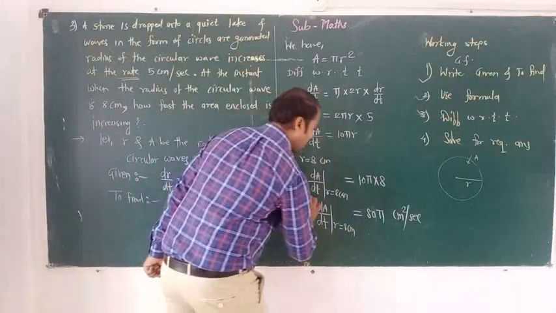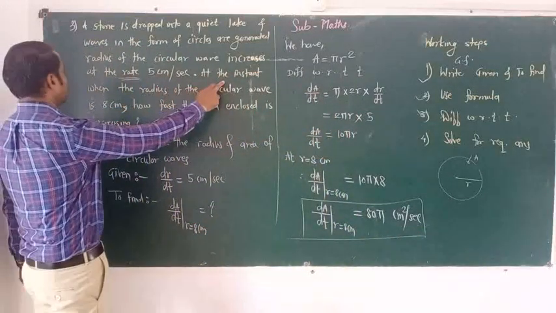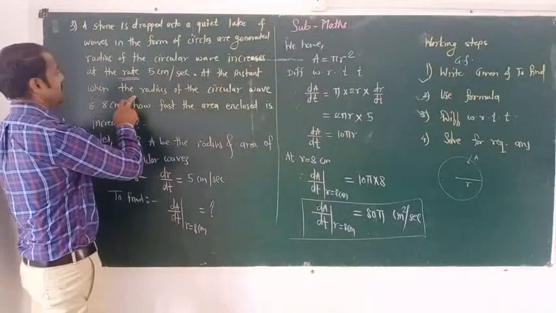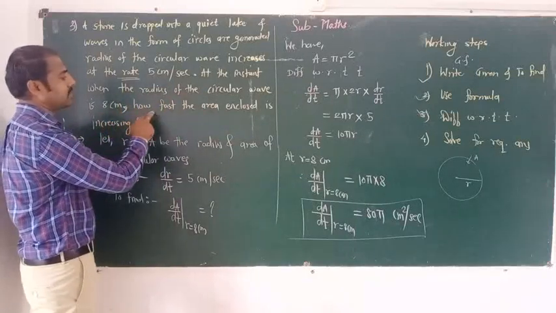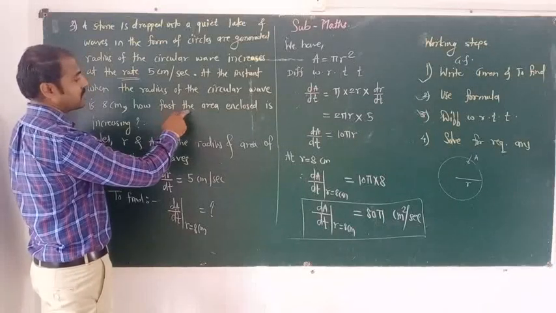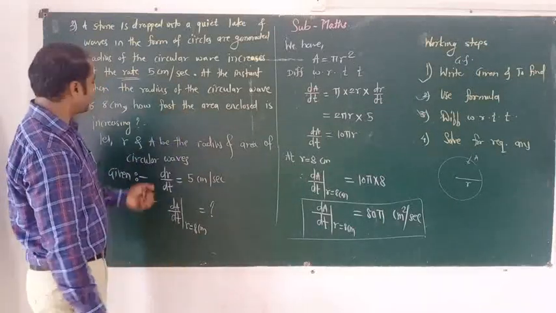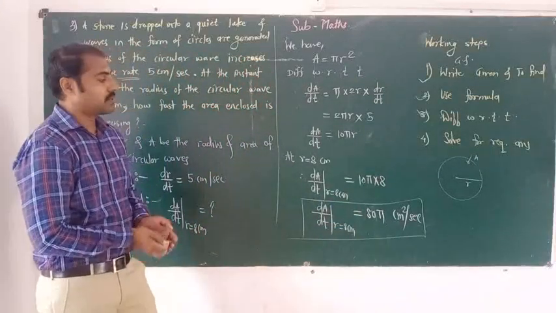Here is the final answer of the given question. That is, at the instant when the radius of the circular wave is 8 centimeter, the area is increasing at the rate 80 pi centimeter square per second.